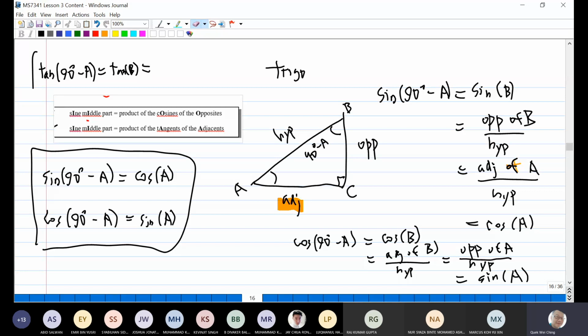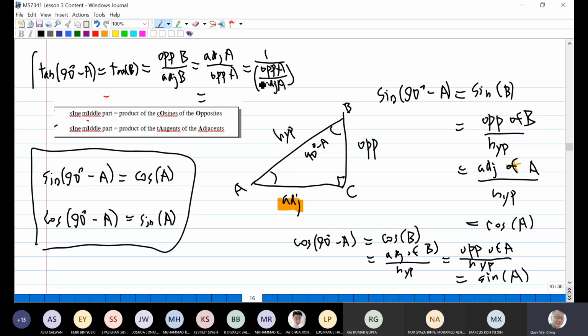You take opposite of B over adjacent of B. Now, the opposite of B is adjacent of A, and adjacent of B is opposite of A. So this is actually 1 over opposite A over adjacent A. Turn upside down.